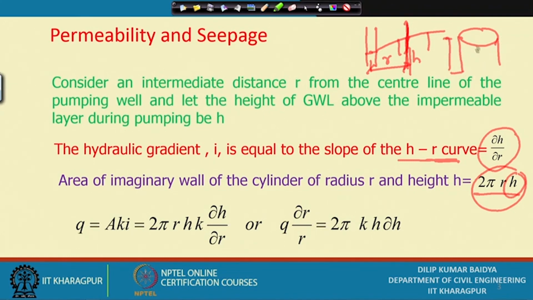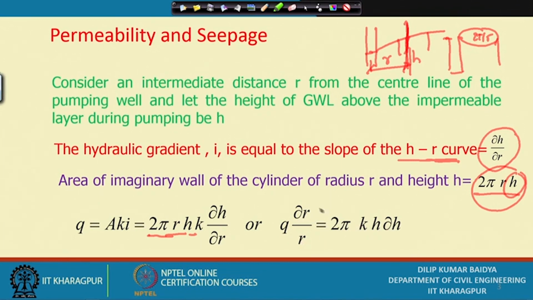Then q becomes k i times the area, which is 2 pi r h, and i is del h by del r. From there, if I simplify, q del r by r equals 2 pi k h del h.